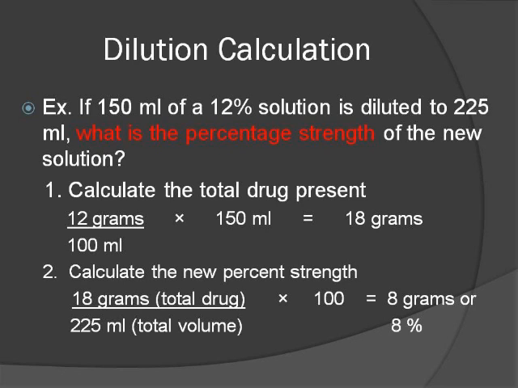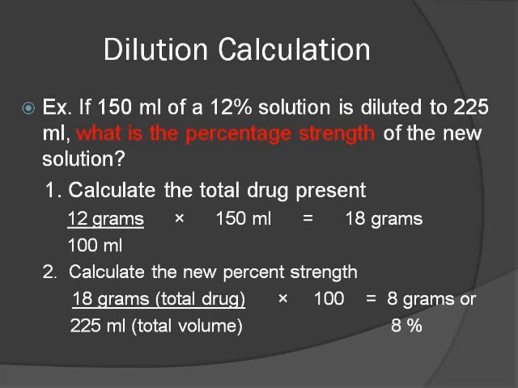The first step is to calculate the total drug present. How do we do that? We take the percent that we're working with, which is 12%, and 150 mLs. So it's 12 grams over 100, because that's the definition of a percent. Then we multiply it by the 150, because that's the volume we have present. So we end up with 18 grams, the total drug present. Second step, we want to calculate the new percent strength.